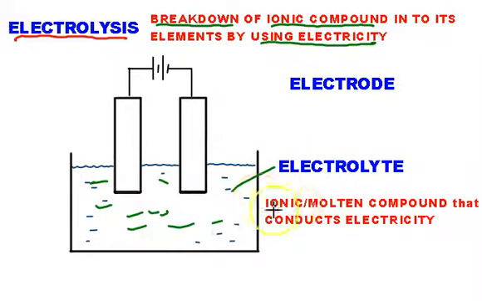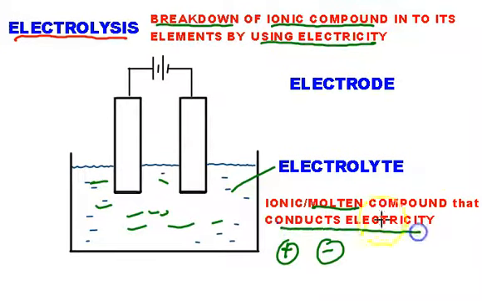So it should be in a molten or aqueous form, so that it has positive and negative ions that conduct electricity. So that is how the current can flow through here, being conducted by the electrolyte. Remember, from here to here is current and the electrons will be moving in the opposite direction.